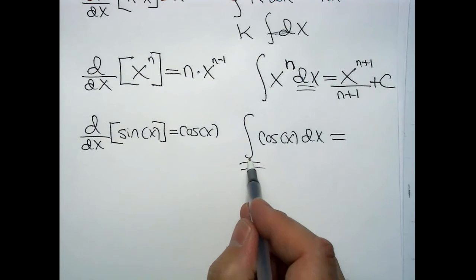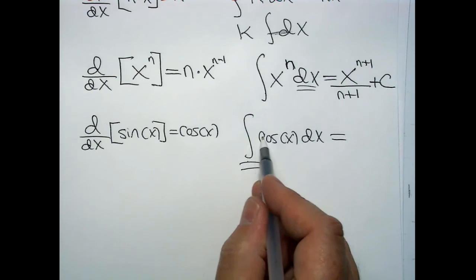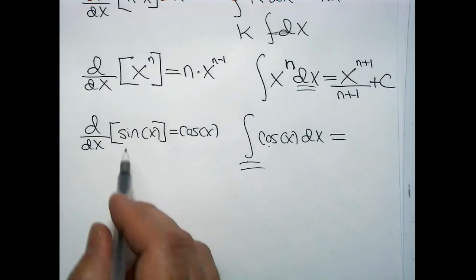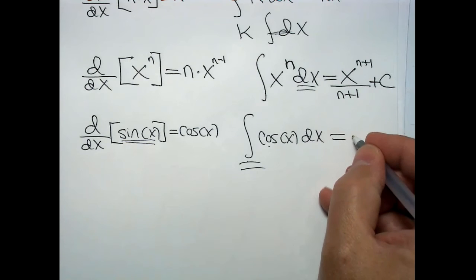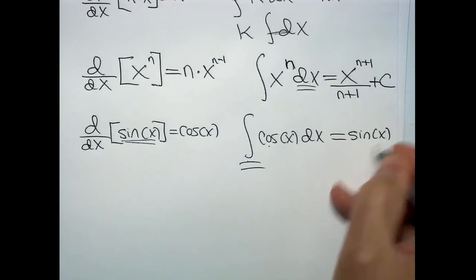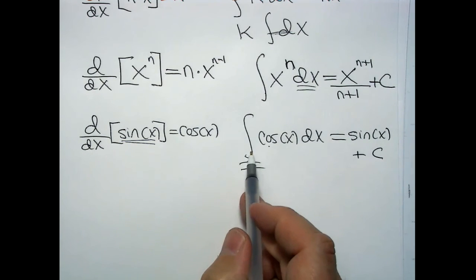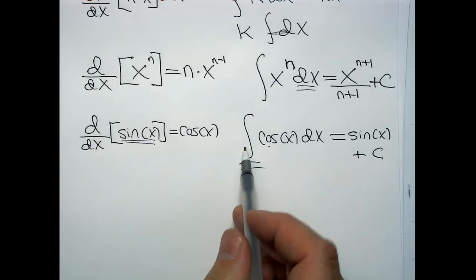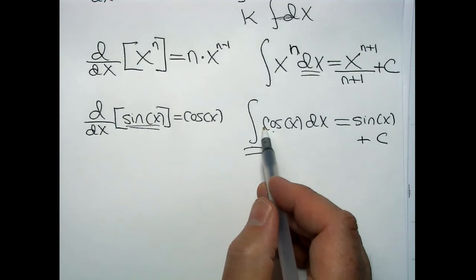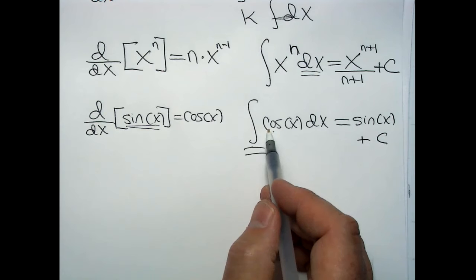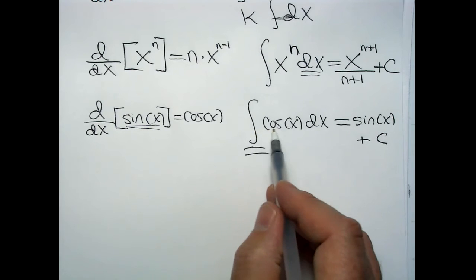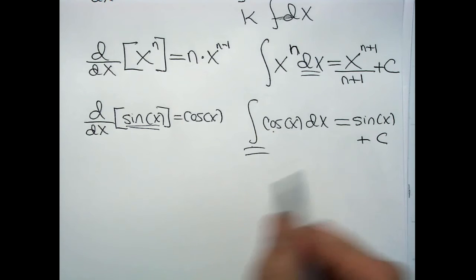I am thinking of an original function whose derivative is cosine. What function am I thinking of? Well, the answer is right there. It's the sine function plus a constant. And you'll notice things are backwards. Everything's backwards with antiderivatives, because normally when we look at the derivative of a cosine, we get a minus sign, but the antiderivative of cosine is sine.